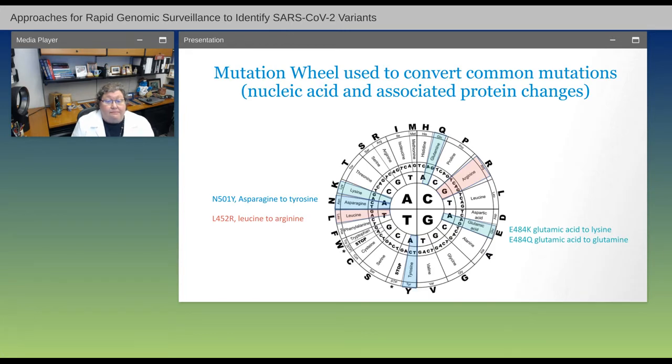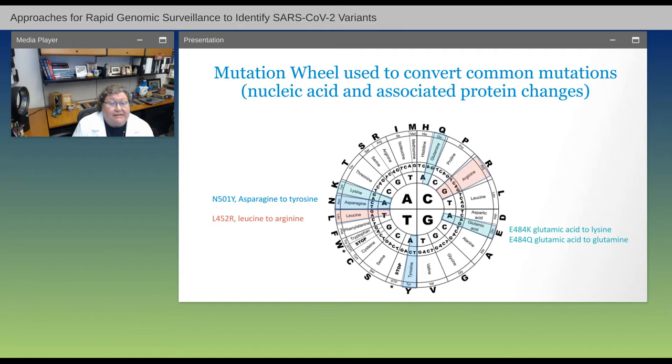This is a picture of a mutation wheel that we use to convert common mutations in the nucleic acid form into associated protein changes. Now, why is that important? Just for your general understanding of how the mutants are identified. If you're doing NGS in any kind of manner, you're going to need to be able to switch between the nucleic acid and the amino acid.